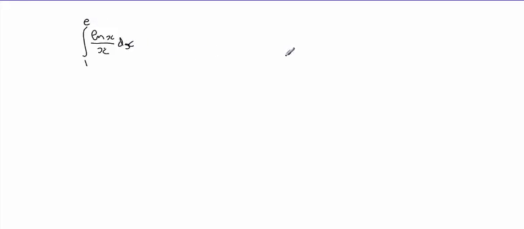Now here we will let our u be ln of x, and you can see that du dx is 1 over x, which is equivalent to saying du equals dx over x, and that's what we've got, dx over x there.